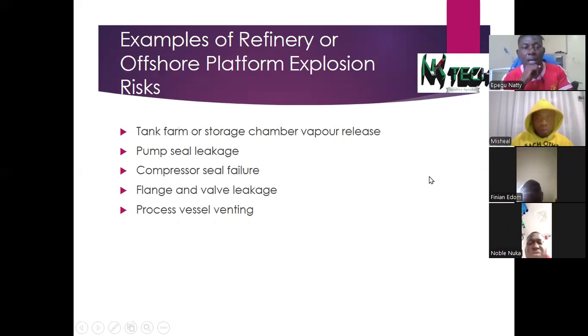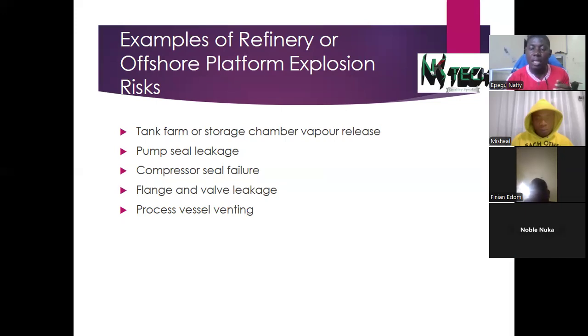The next is, let's look at examples of refinery and offshore platform explosion risks. Your tank farm, your storage chamber, vapor release. We have pump leaks. At your pump, you are always going to have leaks because you have drains, you have flanges, and most of the time the flanges can get worn out, and before you know it, you start having some leak.